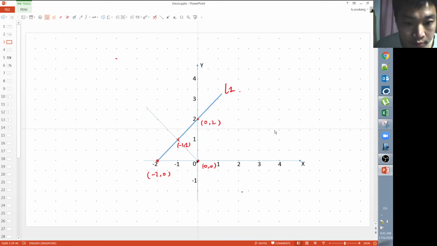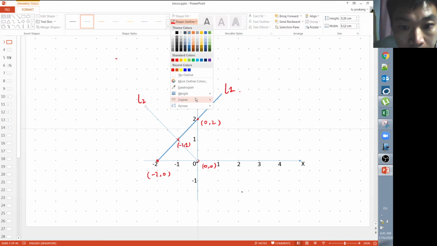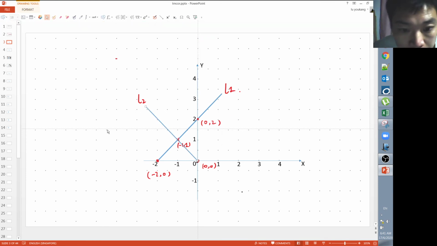Okay, so let's find out the gradient of this line 2 here. Let me make the line thicker so that you can see it clearly. The gradient of line 1 is 1, because we have found this just now. So now let's find out the gradient of line 2.